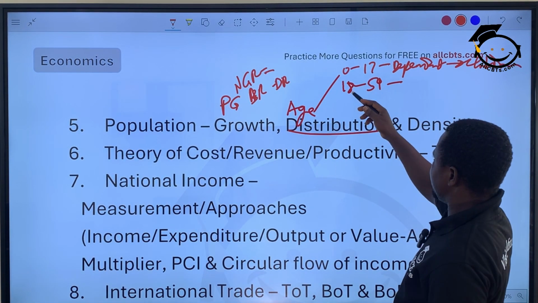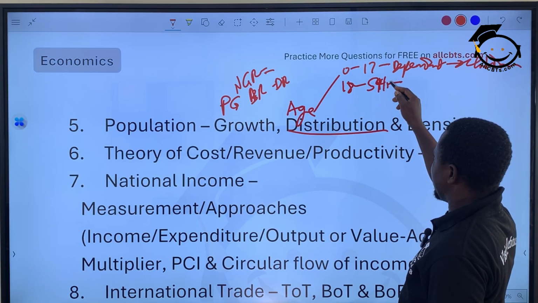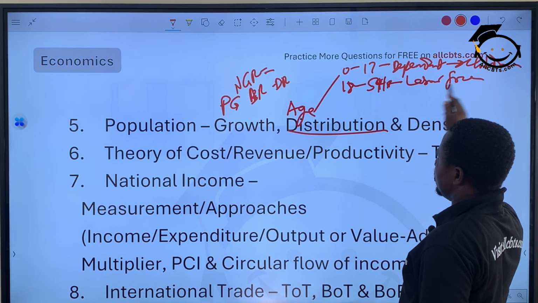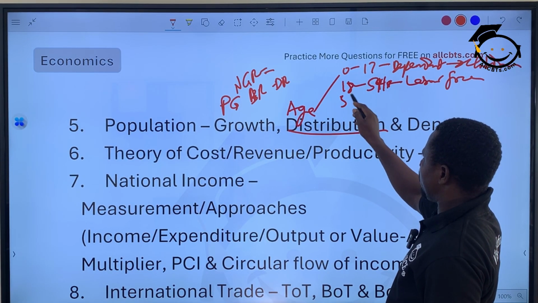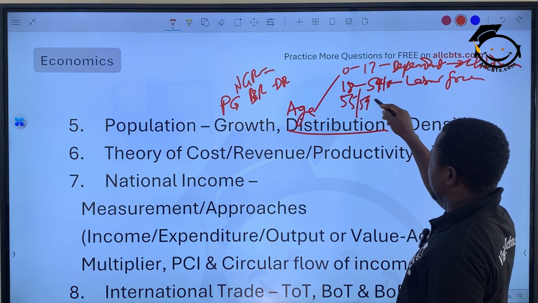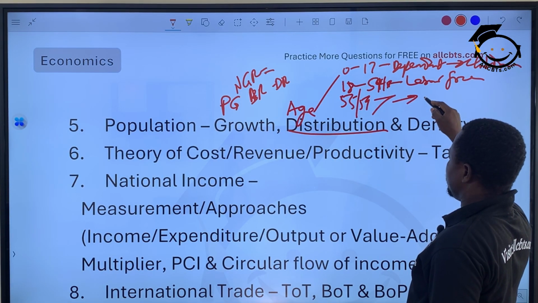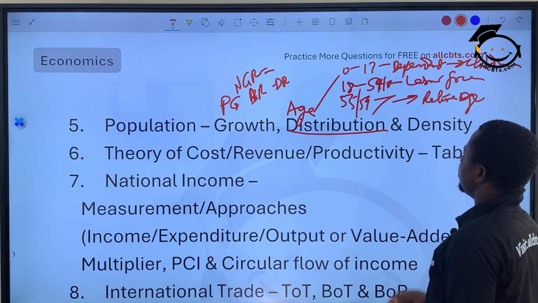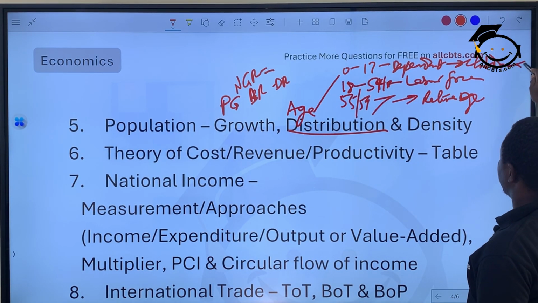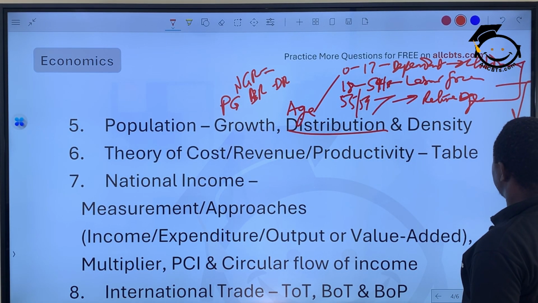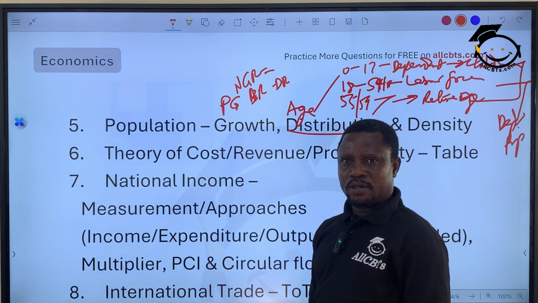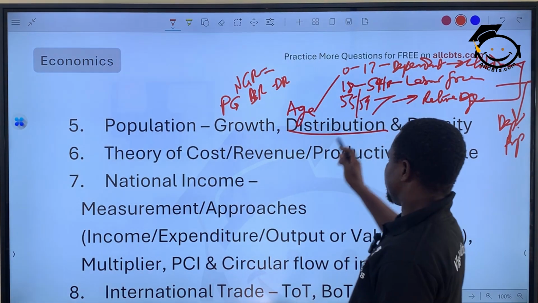So it can be 18 to 54, or say 18 to 59, as labor force, or workforce. And then from 59 and above, we call them retirement age. So these children and retirement age, both of them are dependent population. They depend on the labor force, on the workforce. Am I communicating? That is distribution.